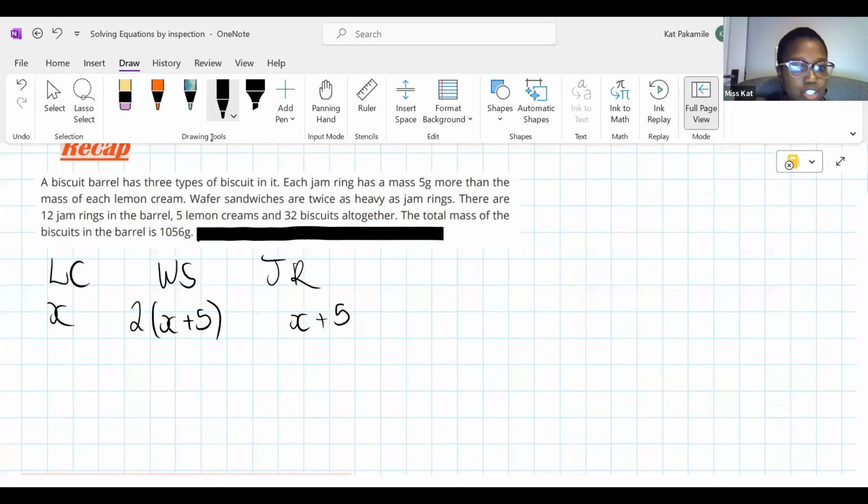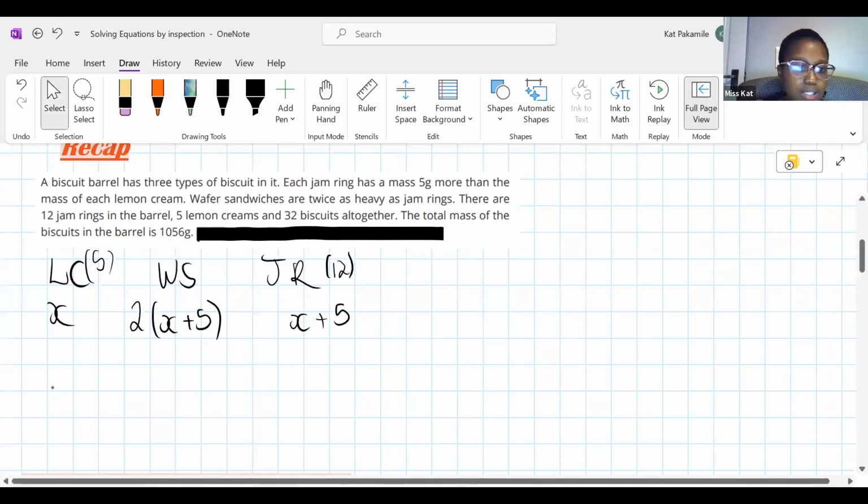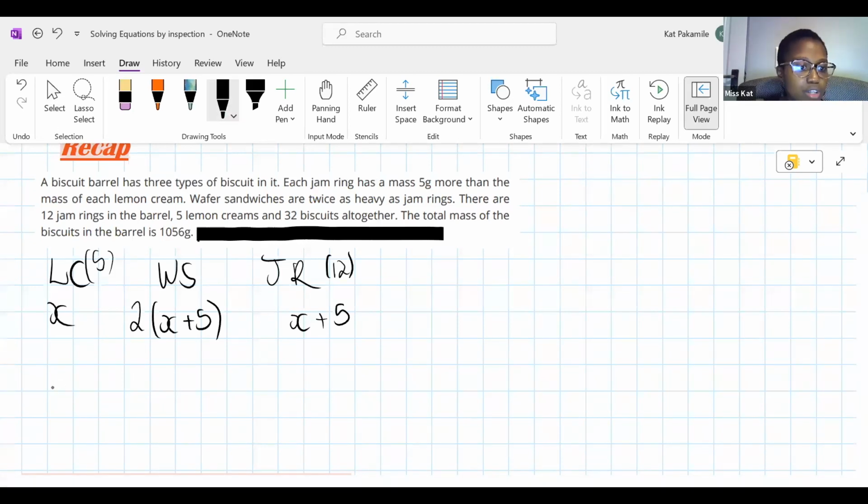But then there's additional information. There are 12 of these, the jam rings, 5 lemon creams, and altogether we have 32 biscuits. So if we have 32 biscuits altogether, 5 of them are lemon creams, 12 of them are jam rings.